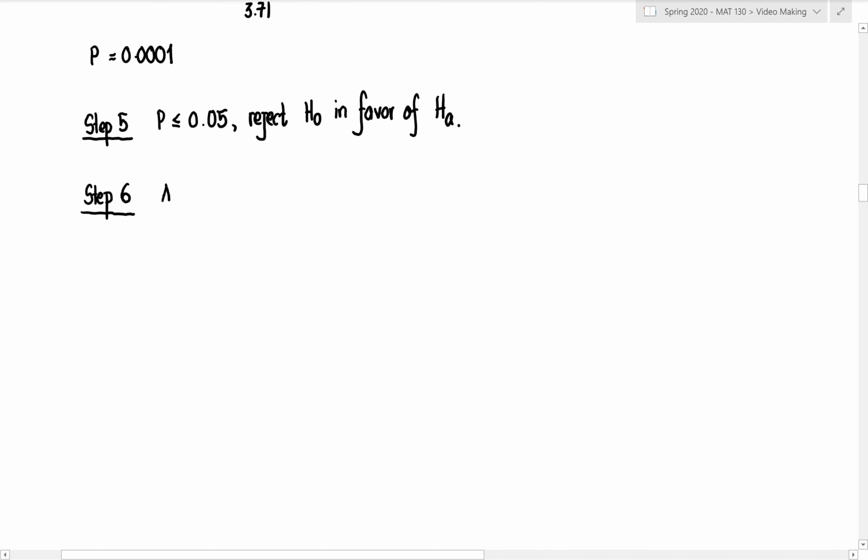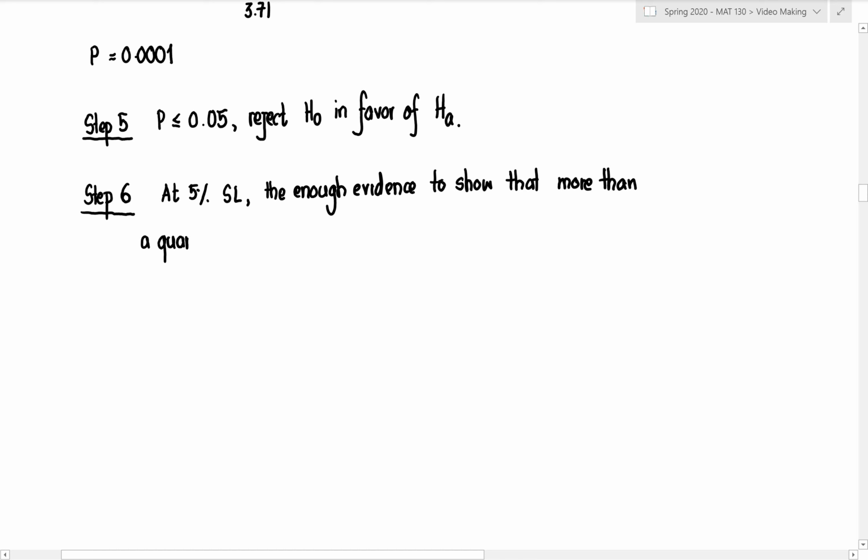At the 5% significance level, there's enough evidence to show that more than a quarter of the population chooses the front right tire.